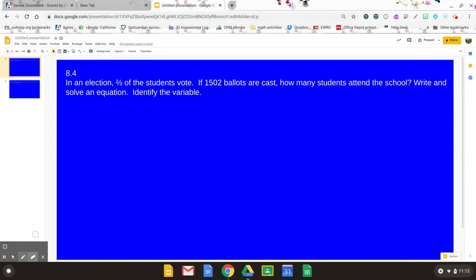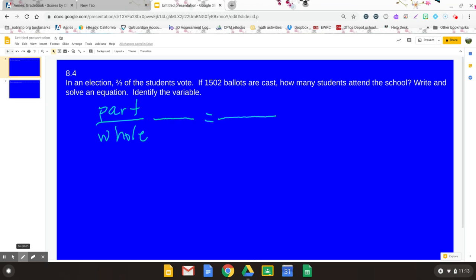I just want to show you how to solve this as a proportion, because some of you may do this, and that's fine. So I'm going to write this as a proportion as part over whole. The tricky part of this is seeing what the whole amount is.